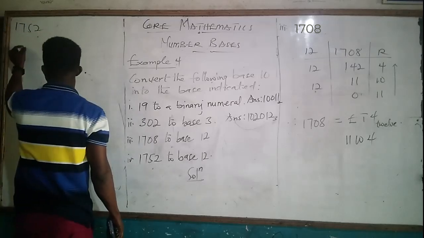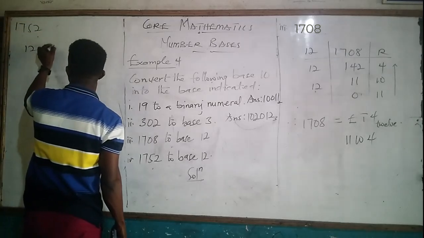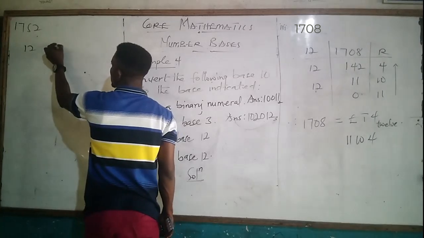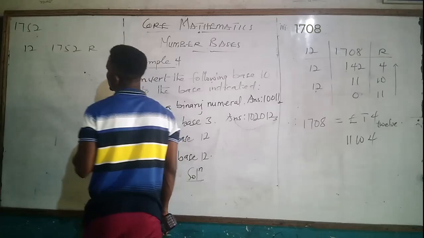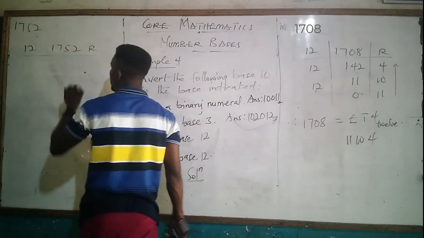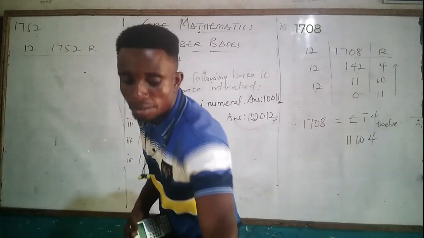Okay, so I'll have the 12 here, I'll have the 1752 here, then my remainder. Okay, I have my line. Let's proceed.